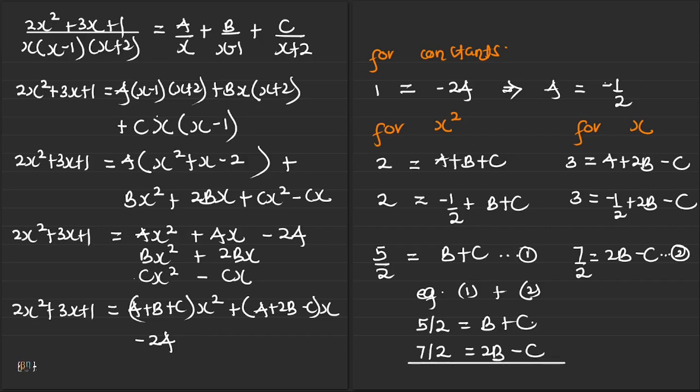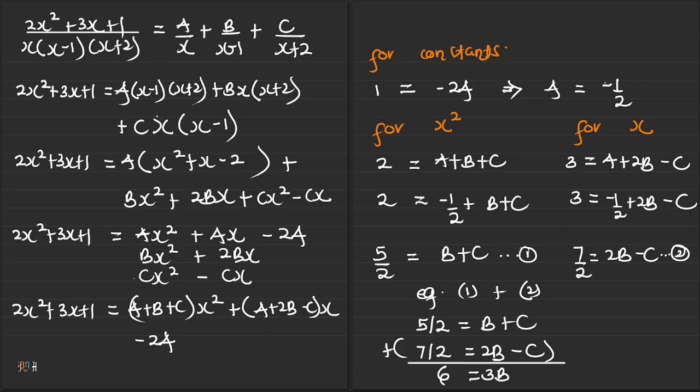With this addition, c plus a negative c goes off. You see, so the c has vanished and we'll be left with what? b plus 2b, which gives us 3b. So we have 3b, which is equal to 5 over 2 plus 7 over 2. That gives us 12 over 2, which is actually 6.